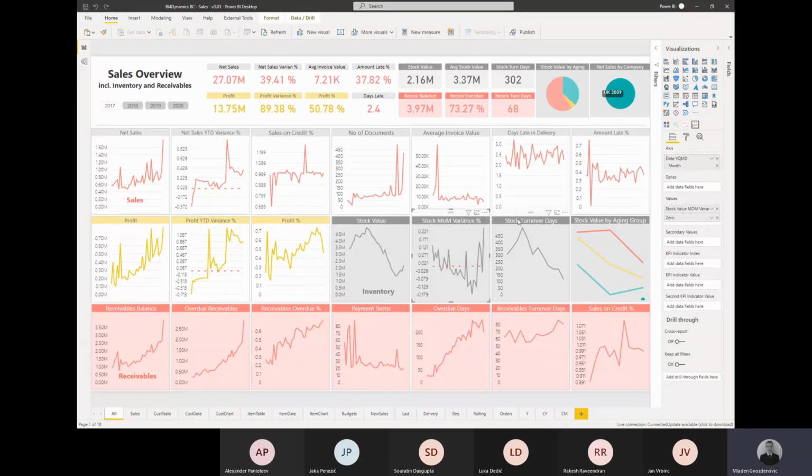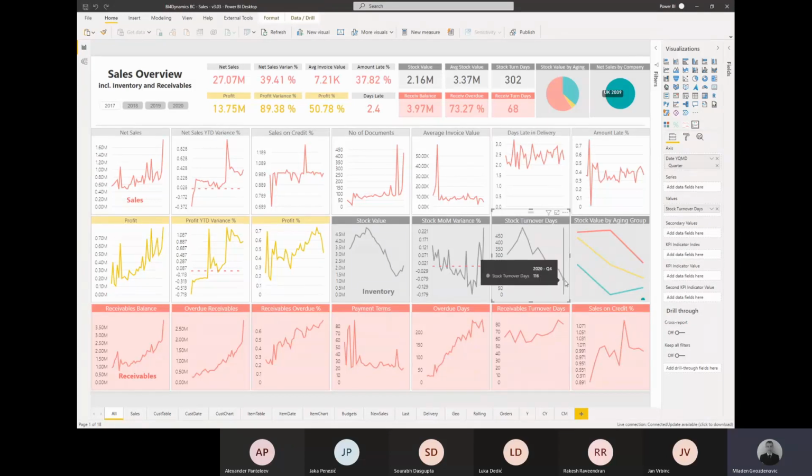Turnover in days: how many days it takes to clear our stock in value terms if we continue selling as we sell now. The lower the value, the better, because you need less inventory, less working capital to support your sales.